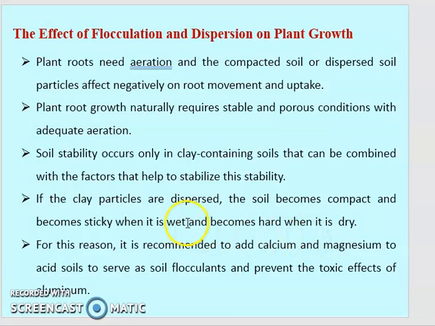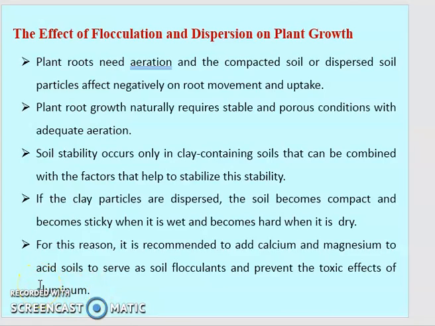Okay, and it is not favorable for the soil. For this reason, it is recommended to add calcium and magnesium to acid soil to serve as soil flocculation and prevent the toxic effect of aluminum.